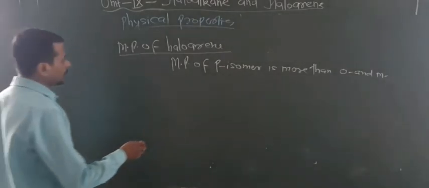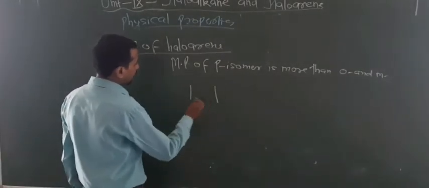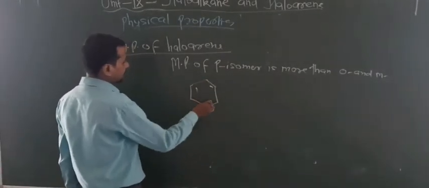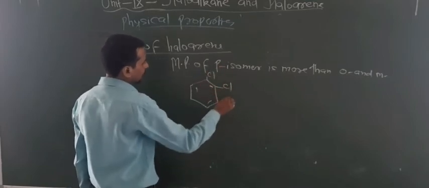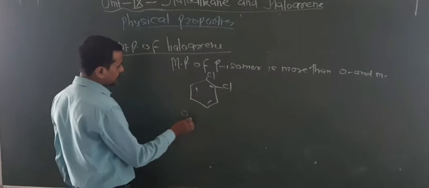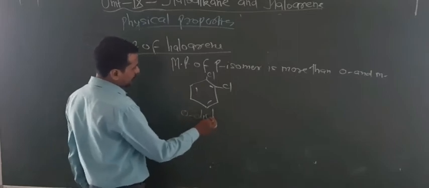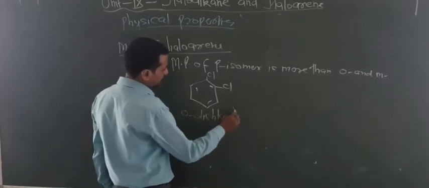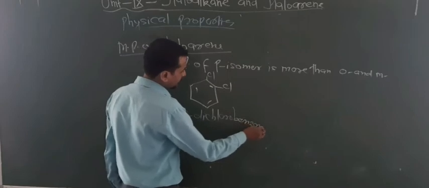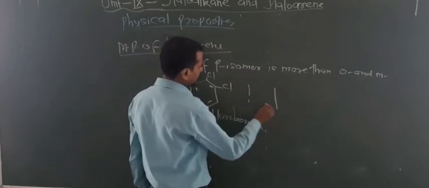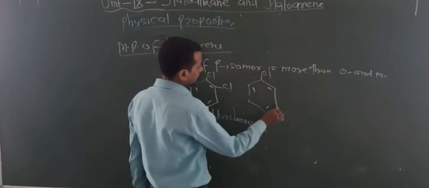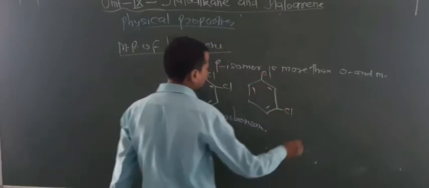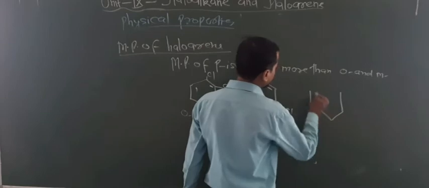So look at the conditions here about ortho and para dichlorobenzene. So Cl at the ortho position is known as ortho dichlorobenzene. Then meta dichlorobenzene, then para dichlorobenzene.